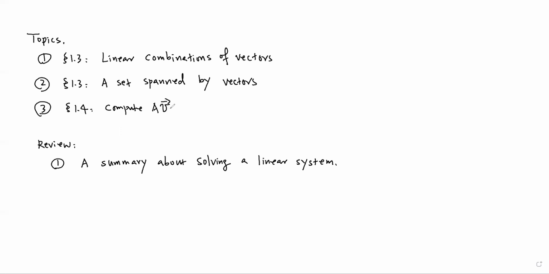Take a review about what we learned in the last class. Okay, let me review some key points from the last class. Number 1, to solve a linear system, two phases. The first phase is forward elimination.